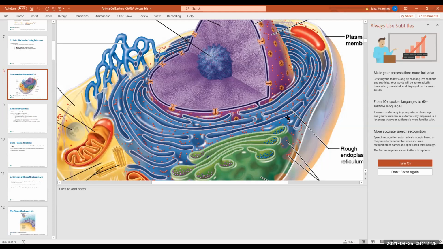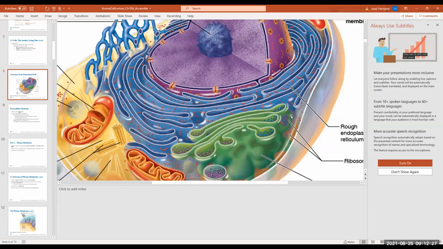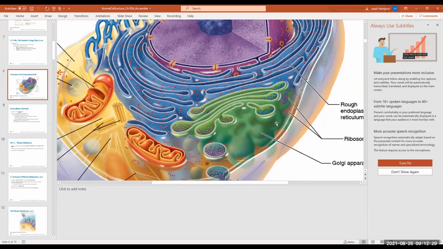The Golgi apparatus that we see here, here's our Golgi. This Golgi apparatus or Golgi complex or body is the FedEx or the UPS of the cell. It packages and it ships product. It's directly found between the rough endoplasmic reticulum and the cell membrane.